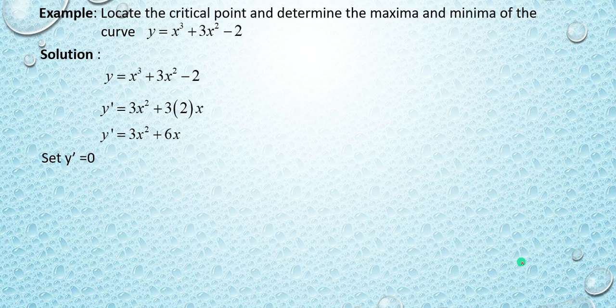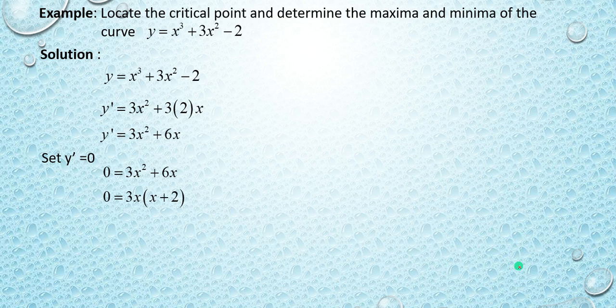Then we set y prime equals 0 to find the value of x. We set to 0, then we have 3x squared plus 6x. So we simplify that term.